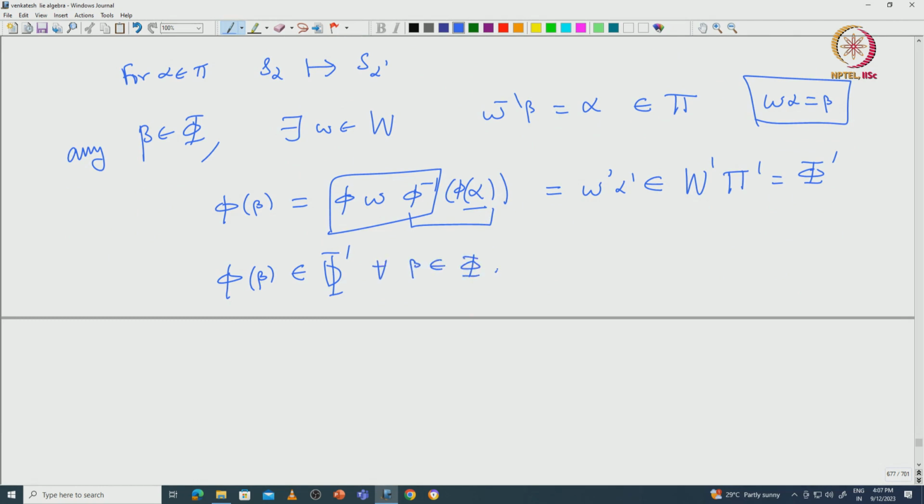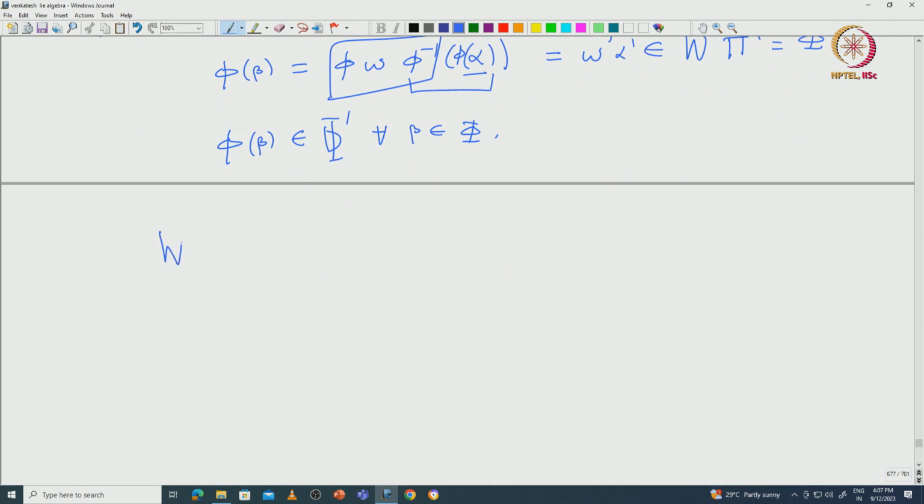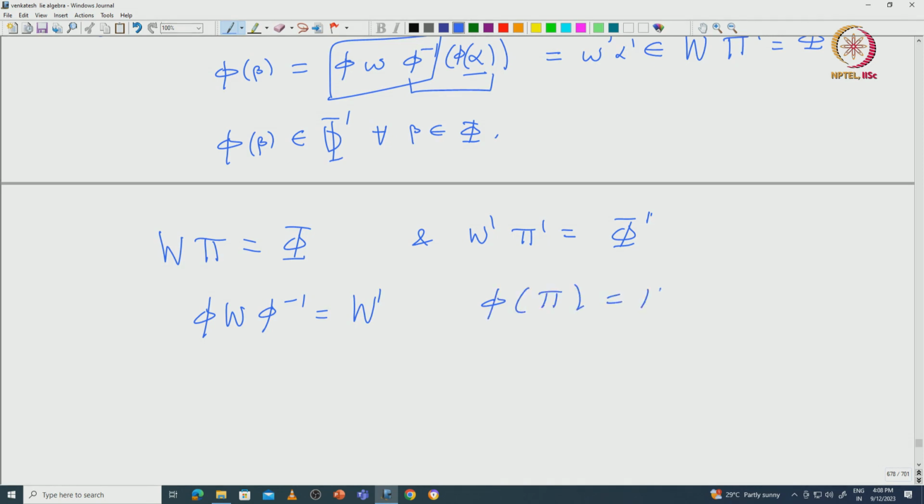Again, you can see that WΠ is equal to Φ, and W'Π' is exactly Φ', and π W π^{-1} is exactly equal to W' and π of Π is Π'.